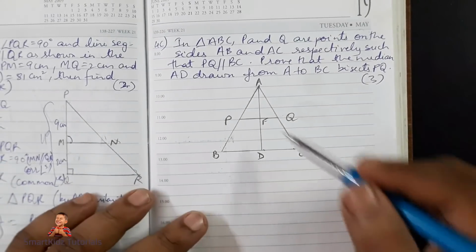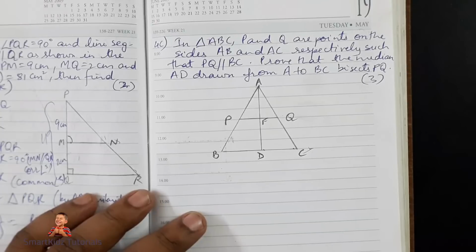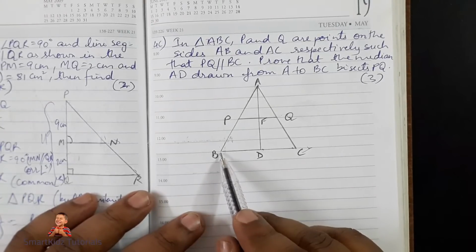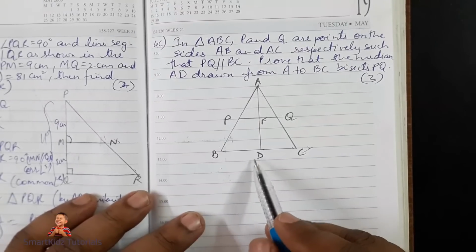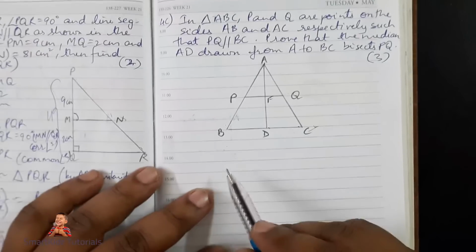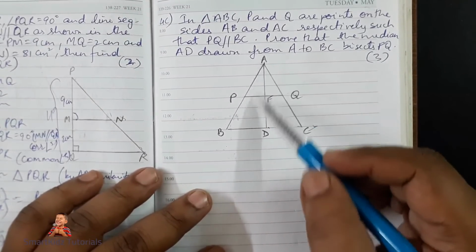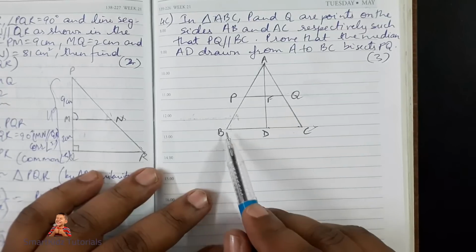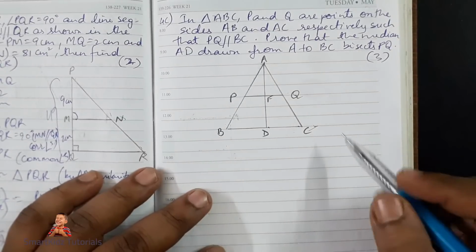Okay, we've been given AD is a median, which means it will divide BC into BD and DC in equal parts. So BD will be equal to DC. We can also use the basic proportionality theorem, because we are told that PQ is parallel to BC in this triangle, so it will apply for the big triangle.